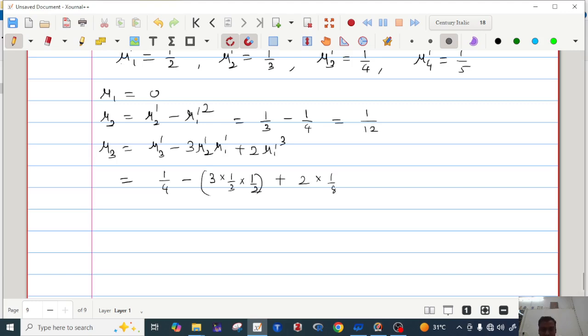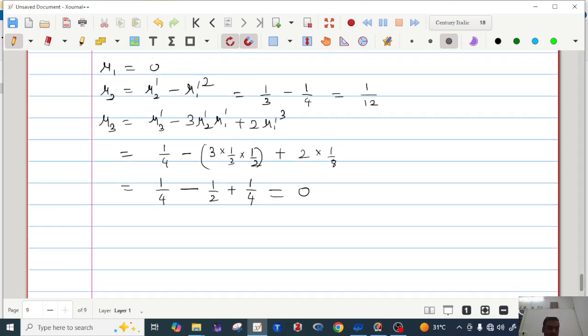By 2 cube is 1 upon 8. 1 upon 4 minus this 3 get cancel, 1 upon 2. 2 upon 8 is 1 by 4. 1 by 4 plus 1 by 4, 2 by 4. That is 1 upon 2. 1 upon 2 minus 1 upon 2 is 0. बघा काय आली म्यू3 ची व्हॅल्यू.